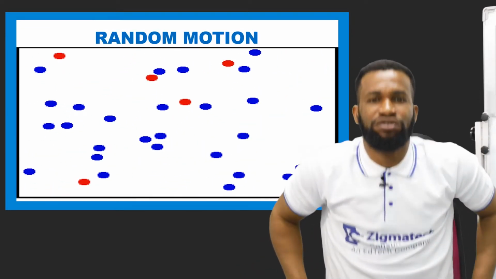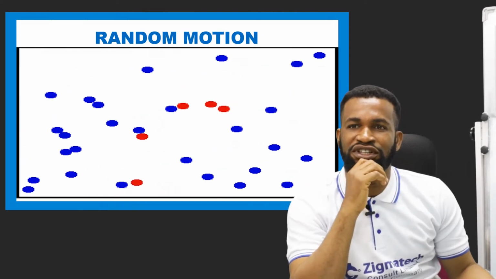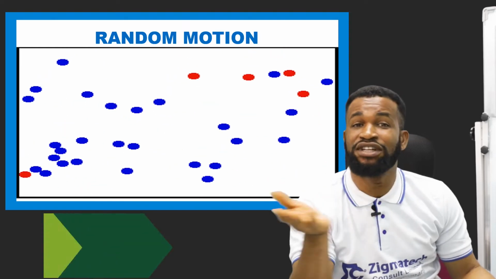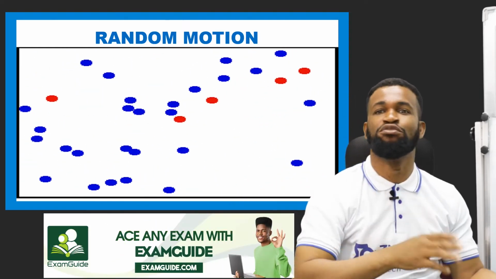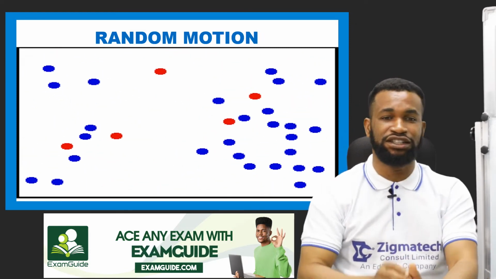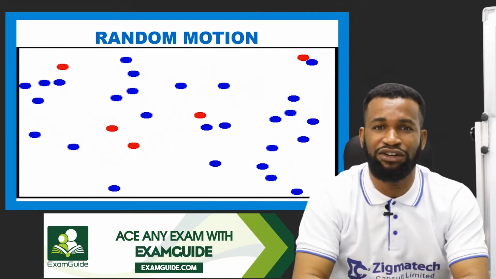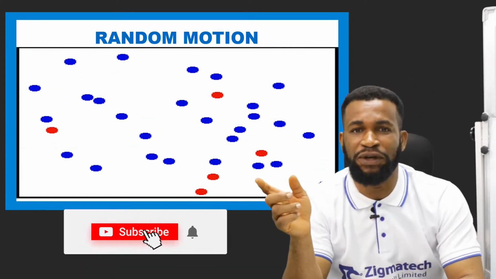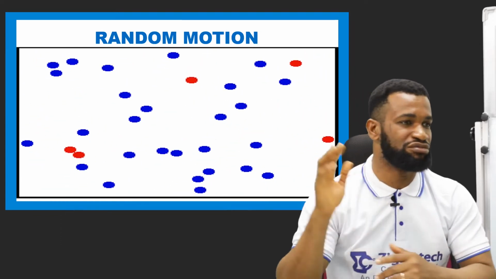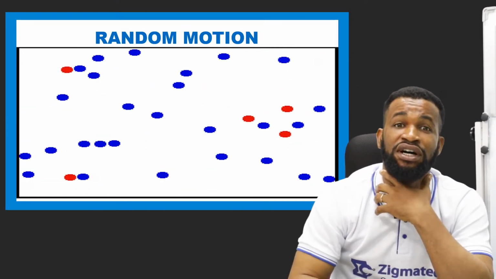The first one we want to look at is random motion. Random motion is the motion of a particle without direction. The movement of smoke, the movement of a woman in the market going from one place to the other without direction, just trying to negotiate prices, the movement of a bee: whenever a body is moving randomly without direction, we say such a motion is called random motion.